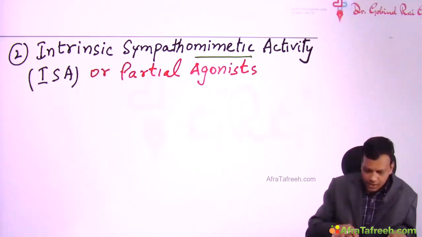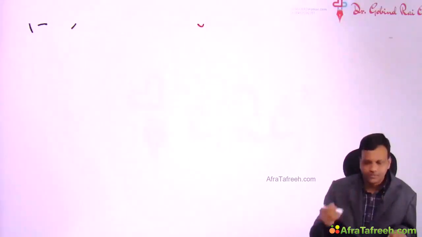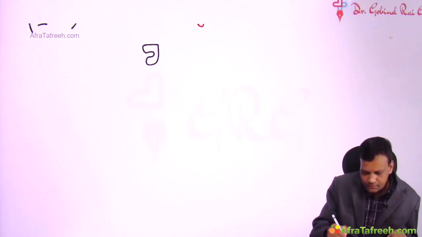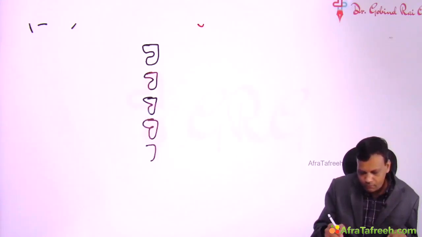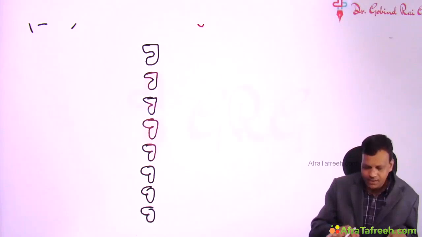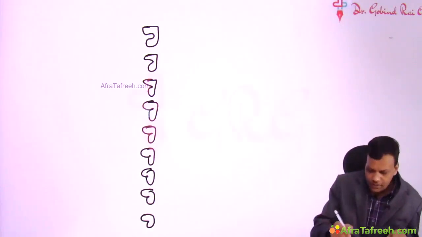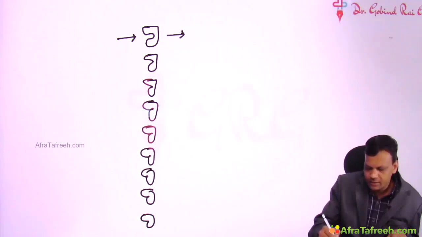So first of all, we'll try to understand the clinical importance. For that, we'll take an example. Suppose we have 10 beta receptors in heart, and whenever one beta receptor is stimulated to maximum potential, suppose the heart rate generated will be 10.